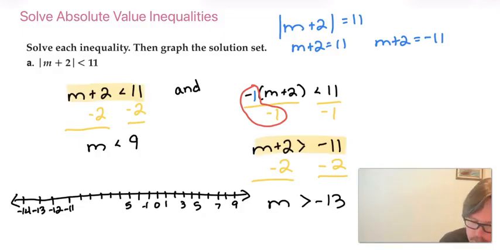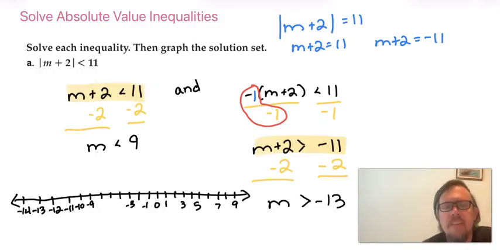I think I did miss some. -10, -9. You know what? It doesn't matter. You get the idea. My number line's off by a little bit, but I'm not redoing it. My number line needs to show everything that's bigger than -13 and lower than 9.